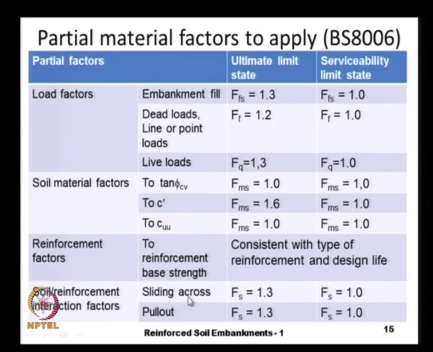The factors of safety that we aim for are 1.3 against sliding and 1.3 against pullout. If we combine this factor of 1.3 for the live load and the fill factor of 1.3, it works out to 1.3 times 1.3, that is nearly 1.7. That corresponds to the factor of safety of 1.7 in the working stress design methods.